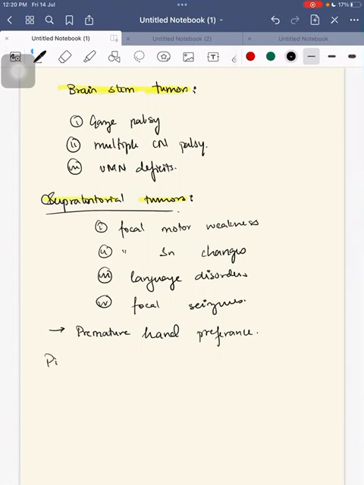When the child presents with a tumor in the pineal region, the child will present with Parinaud syndrome.